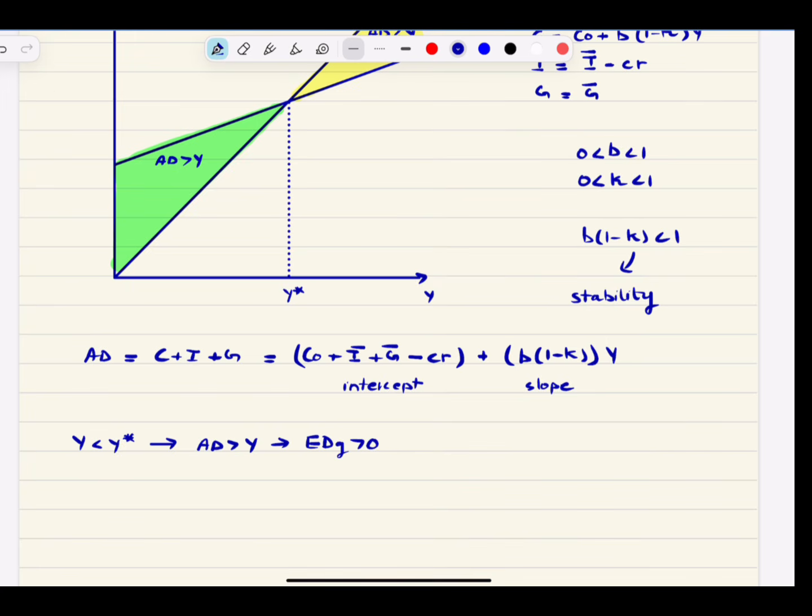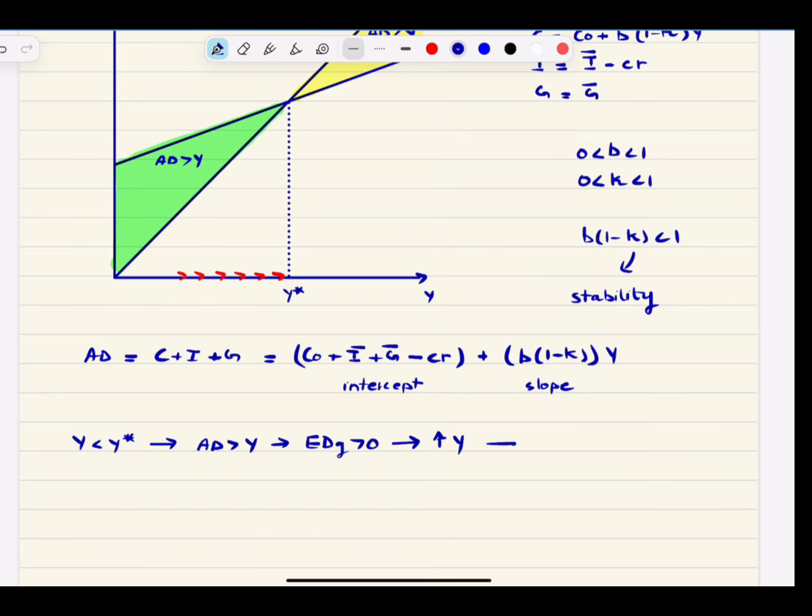In our model, we assume that prices are fixed and the economy is demand driven, which means that if there's an excess demand for goods, there's going to be a fall in inventories, and it's going to lead to a rise in output. So when output rises slowly, the excess demand for goods is eliminated.